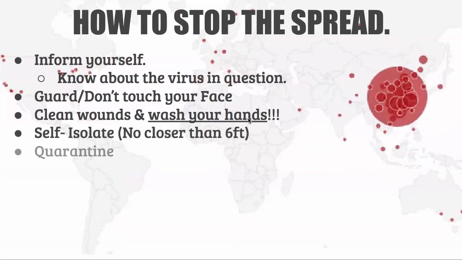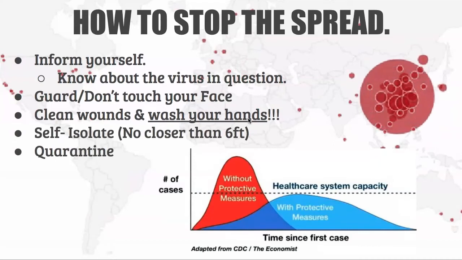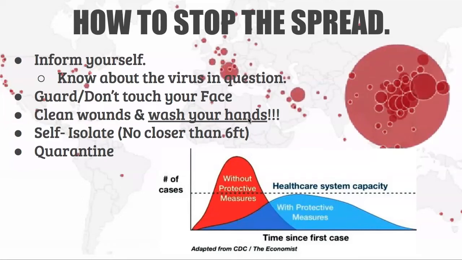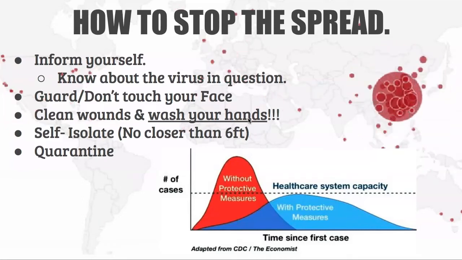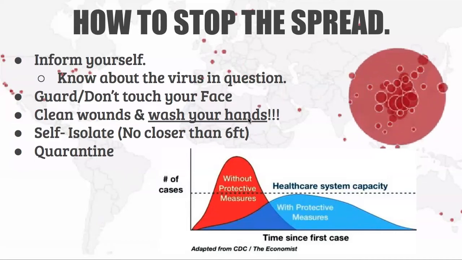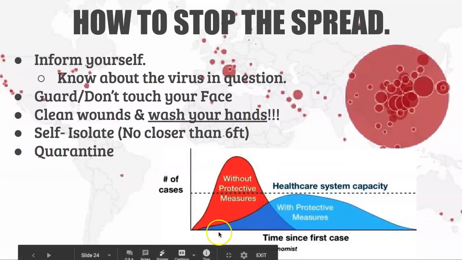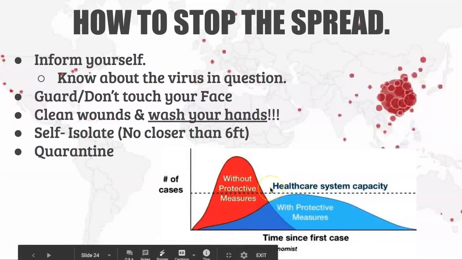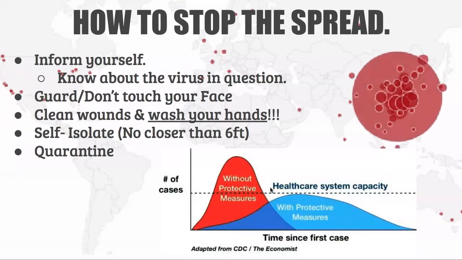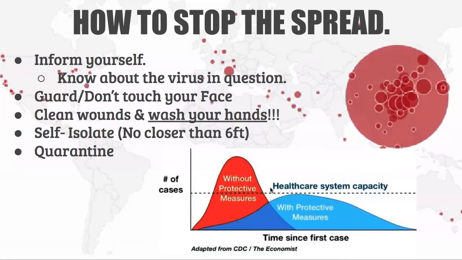And then, last but not least, what we've been dealing with right now is self isolating and quarantine. If you get something like coronavirus that has spread exponentially, you may be forced into a quarantine. And that's what's happening right now. And the reason for it is like we see right here in this little chart. You see, if we weren't quarantining ourselves and we were allowing people to be in these large groups, remember this is a communicable disease.